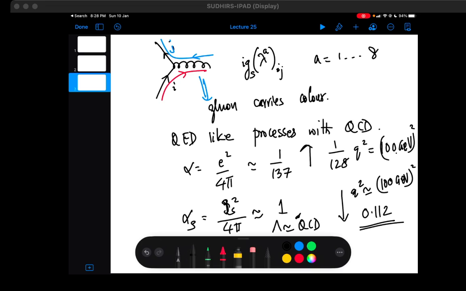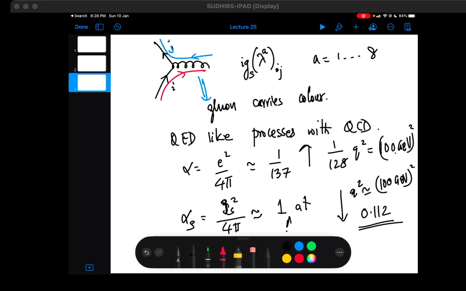So at lambda QCD, alpha is around order 1. Alpha should be less than 1; that is the requirement of perturbation theory, that you need to expand in terms of a small parameter.